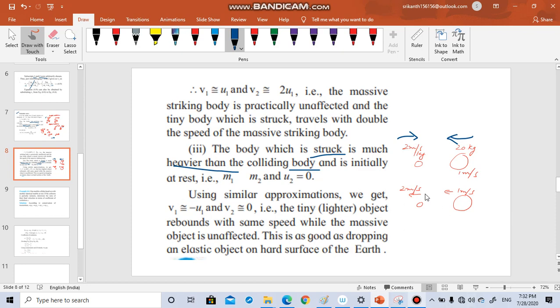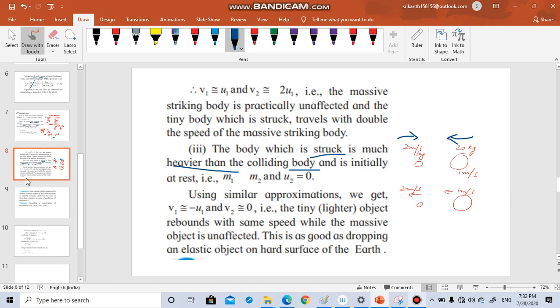So here, after collision, the small body will change direction. Earlier it was coming in the plus x direction, now it will go in the minus x direction with the same speed. But the right-hand side body, the bigger body, will continue to go in the same direction with the same speed. The big body will have no effect, but the small body will.